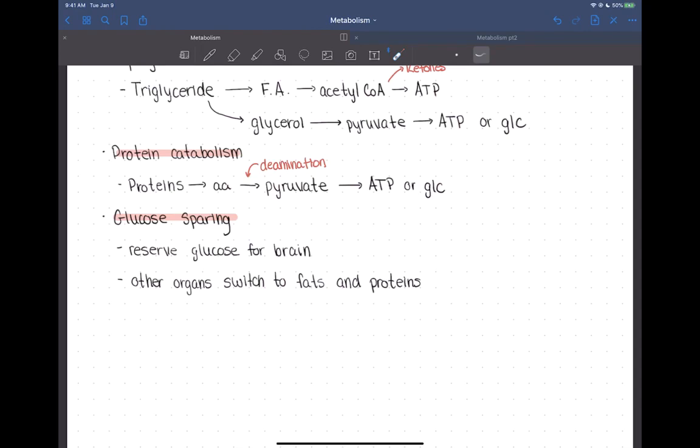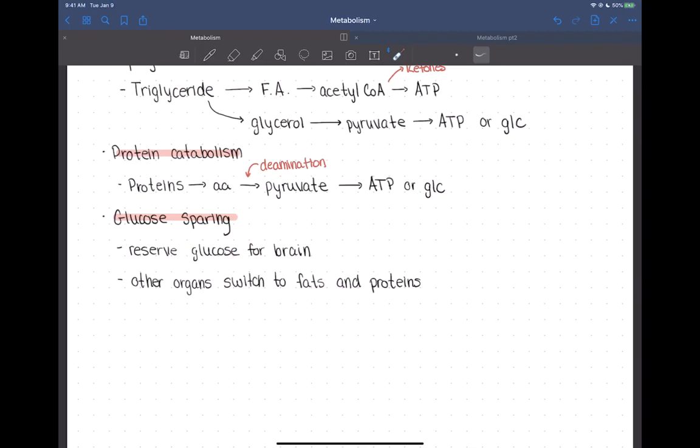It doesn't use those other sources of energy. It can use some ketones, but it has to have glucose for energy, okay? Because those neurons are very particular. So your body will switch over all the other organs to fats and proteins so that the glucose can be sent to the brain, okay?